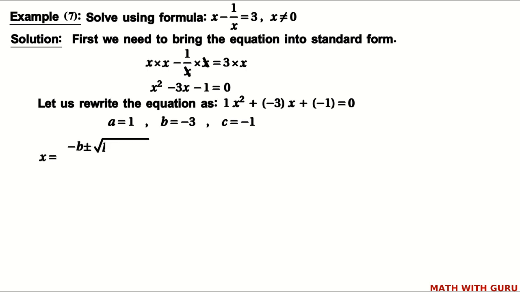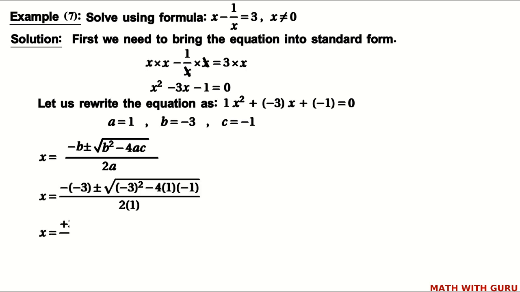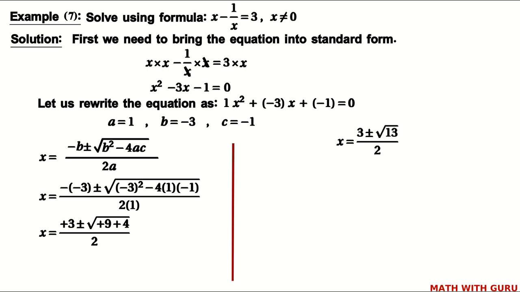Here is the quadratic formula. Let us substitute the values. Minus of minus 3 plus or minus root of minus 3 whole squared minus 4 into 1 into minus 1, whole divided by 2 into 1. x equals 3 plus or minus root 13 whole divided by 2.